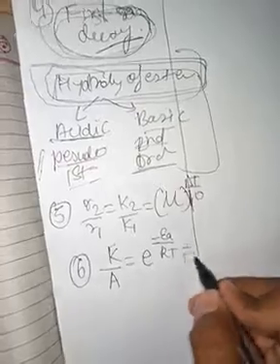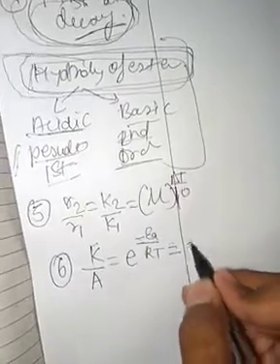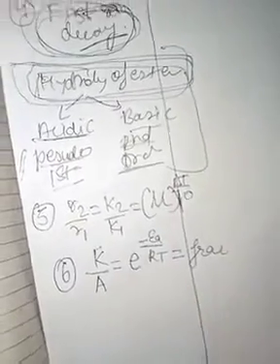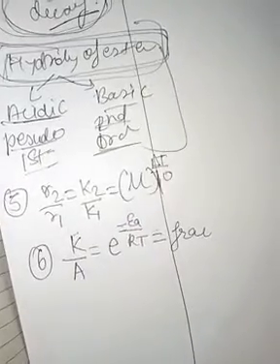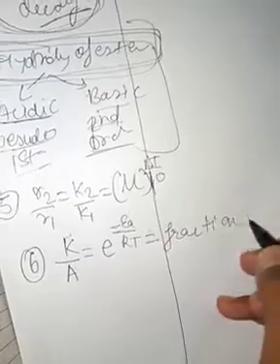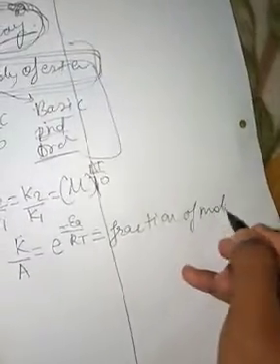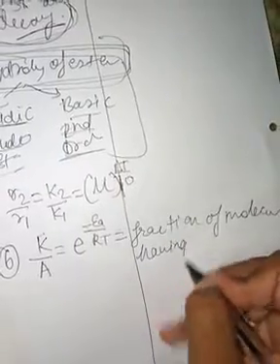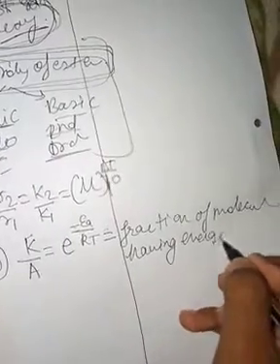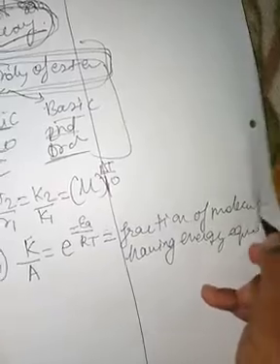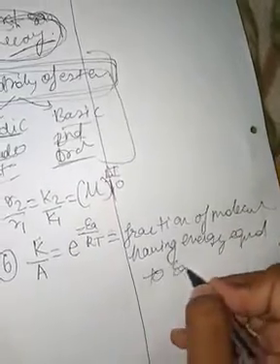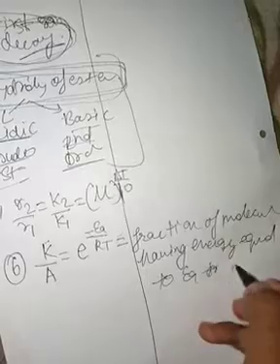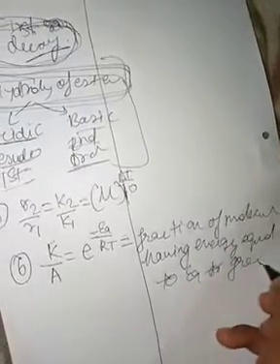This e to the power minus Ea by RT is the fraction of molecules having energy equal to Ea or greater than Ea.